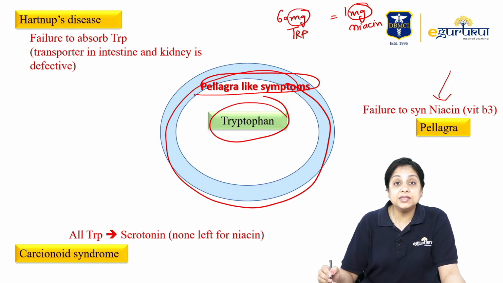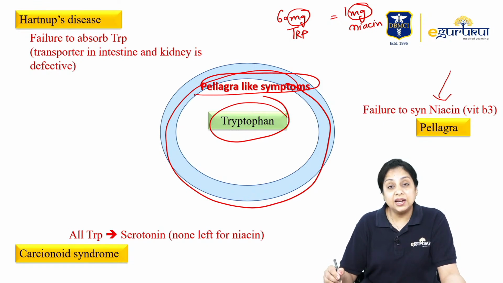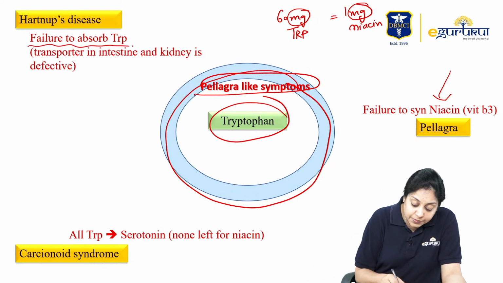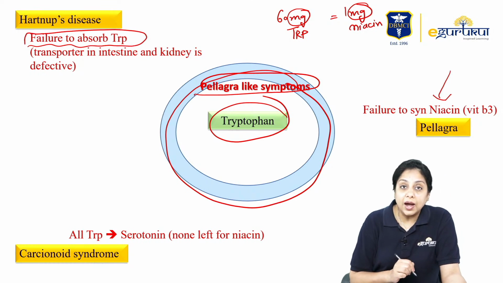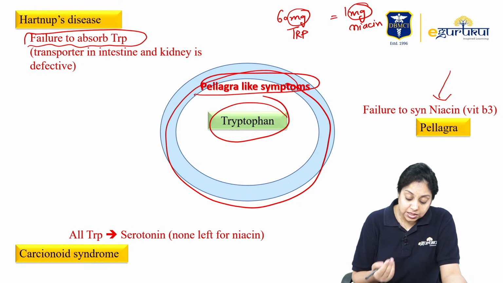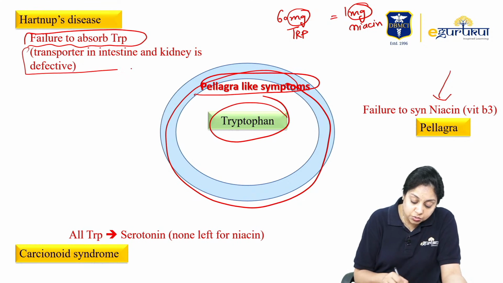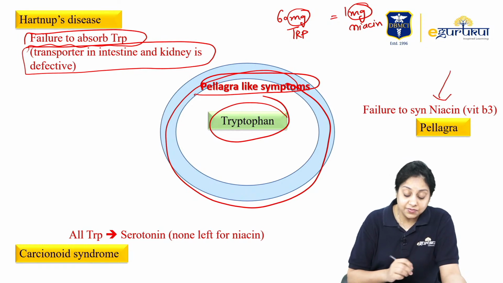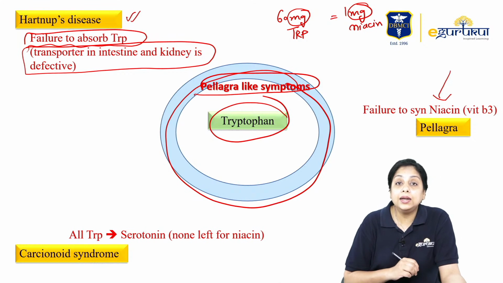If the body is unable to synthesize niacin from tryptophan, that will give you hardcore Pellagra symptoms. But if there is a failure to absorb tryptophan from the diet, the issue is that the transporter is defective. There is this transporter in the kidney and the intestine which is defective, and that is going to lead to Hartnup's disease.